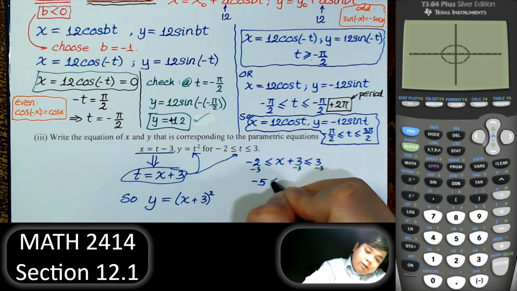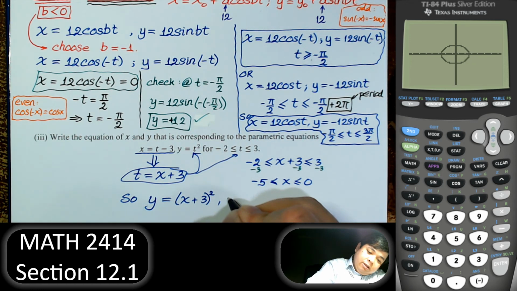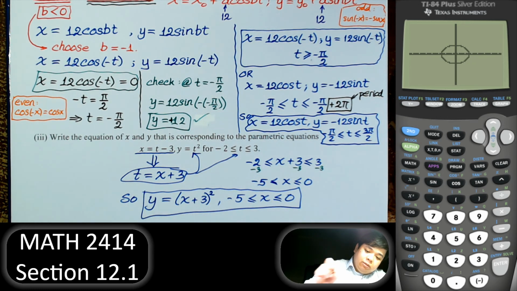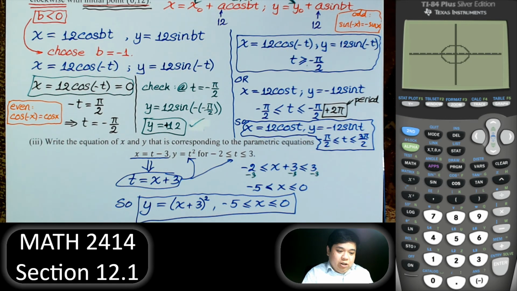Negative 5 to x and 0. So that's all, right? If we have the equation of x and y, that would be easy. So for t, we substitute in there. In that case, we eliminate the parameter t.